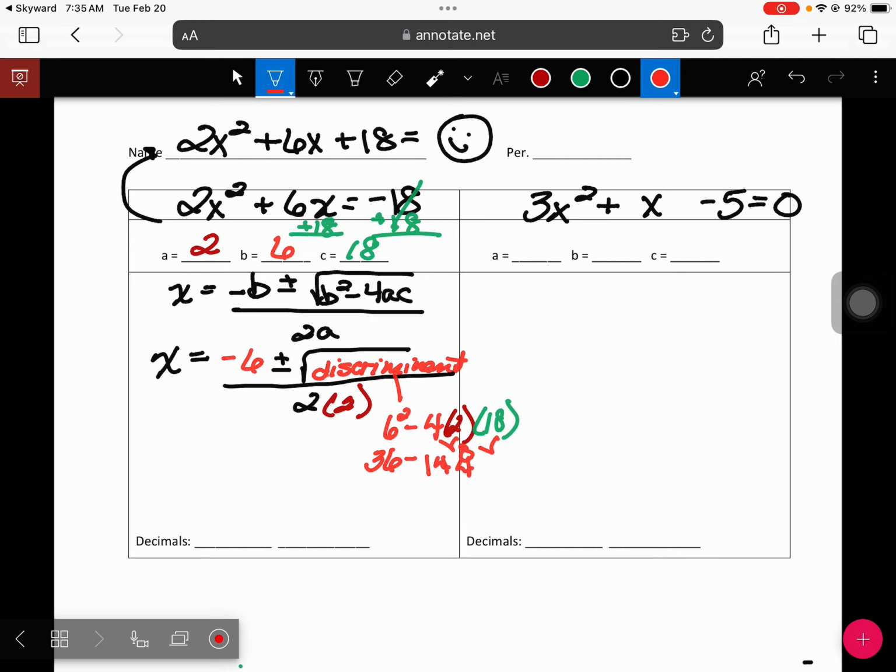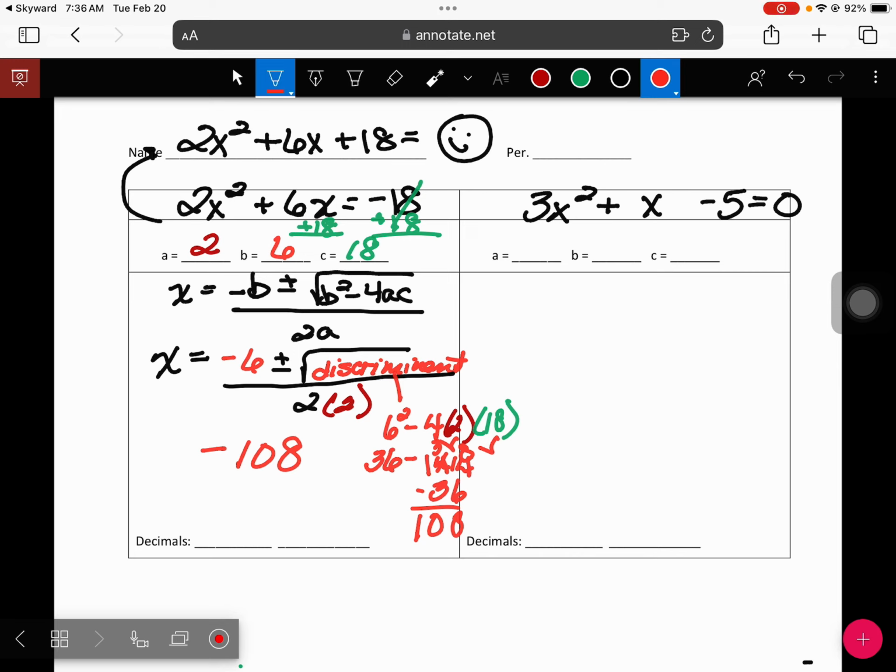36 minus 144 means it's going to be a negative value, negative 108. That is my discriminant.